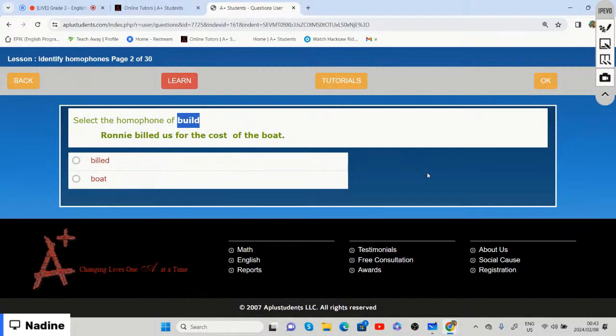So is it the first option, billed, or the second option, which is boat?